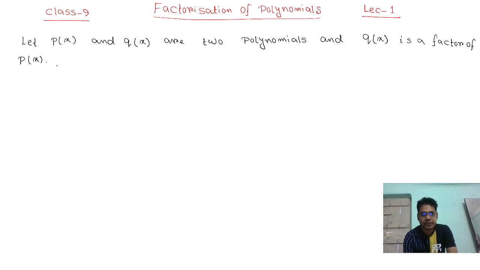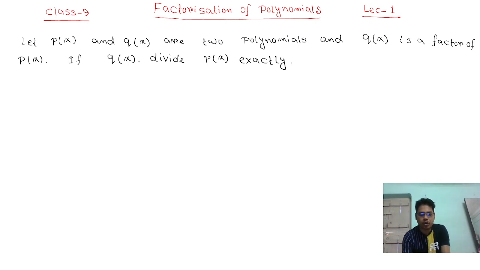When can we say it is a factor? If q of x exactly divides p of x. That means if p of x is divisible by q of x, then q of x is a factor of the polynomial p(x).